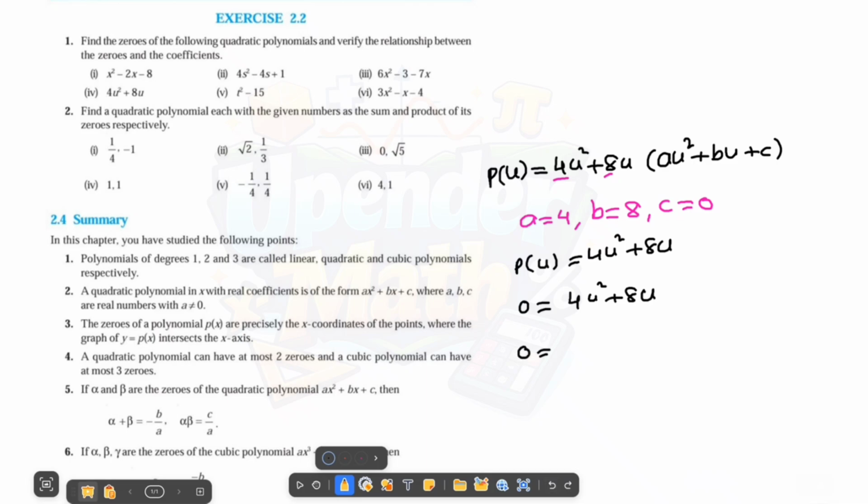Let's take 4u common from the first term and second term. If you take 4u common from the first term, we will have one more u, and from the second term, we will have 2. So here 4u into u plus 2 is equals to 0.